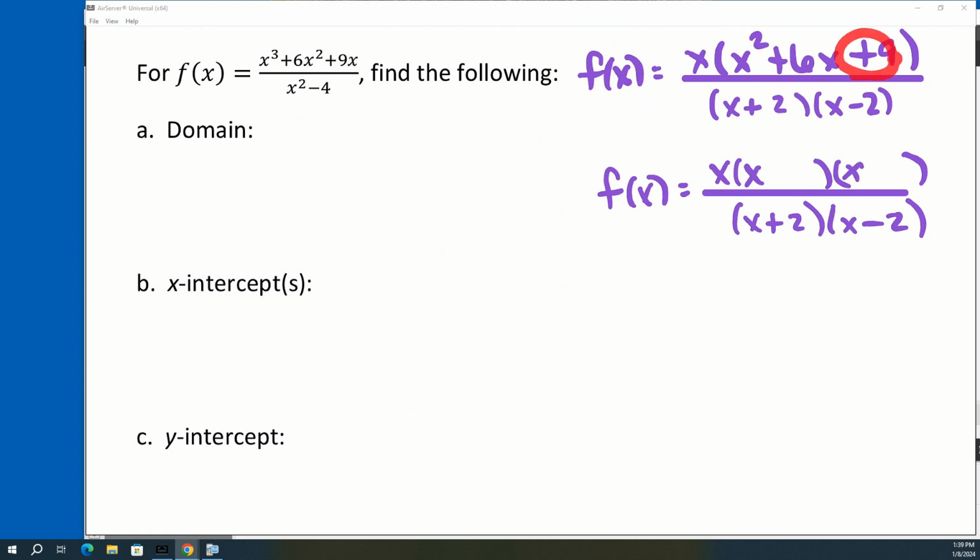And then this tells you your signs are the same and they're both going to be plus signs. And then you want to multiply to get 9 and add to get 6. 3 and 3, yep.